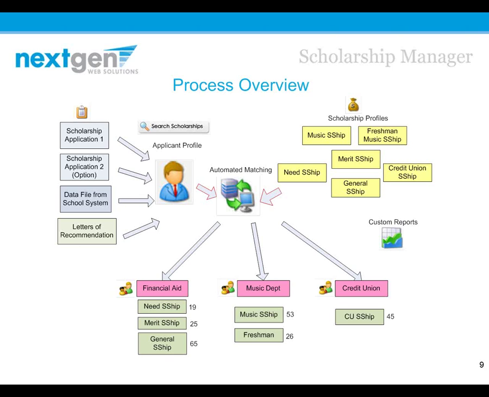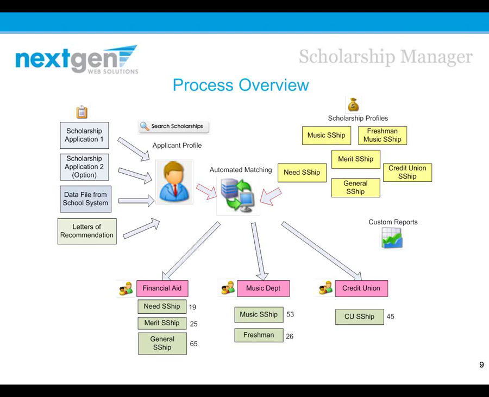You can do that. Some of our institutions may have a scholarship application that's generic in nature, but then some departments on campus want to insist on their own specific application. You can do that as well. So you're not restricted to a single application. You have the flexibility for a single or the flexibility for multiple applications. It's really your business process that is going to drive how you use that part of the site.